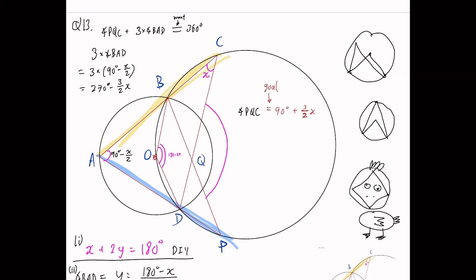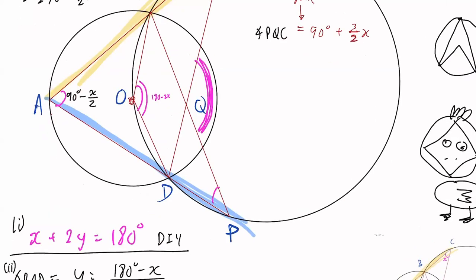Okay. Exterior angle equals the sum of interior opposite. Let me just show you this part. This guy here that we're trying to find, right? This PQC is equal to the sum of these two guys. Can you see?